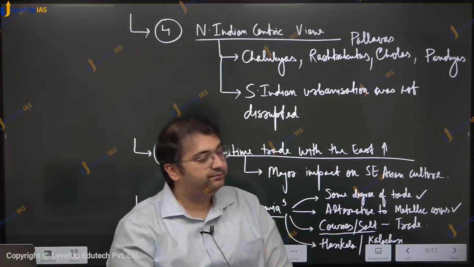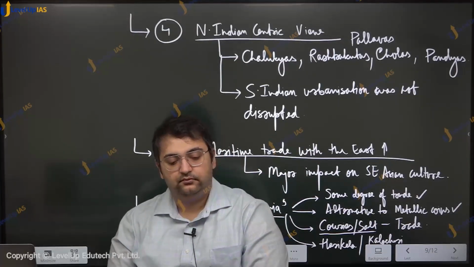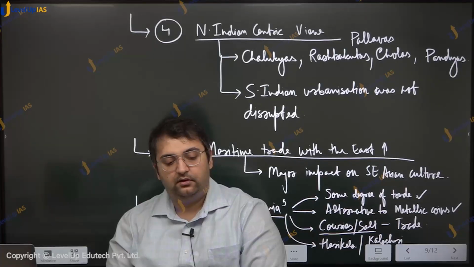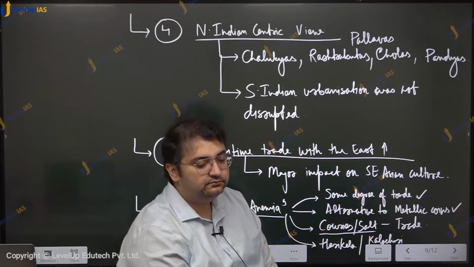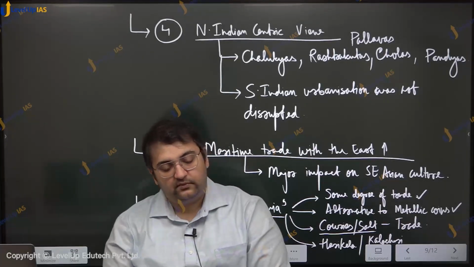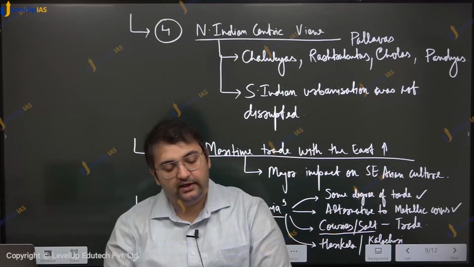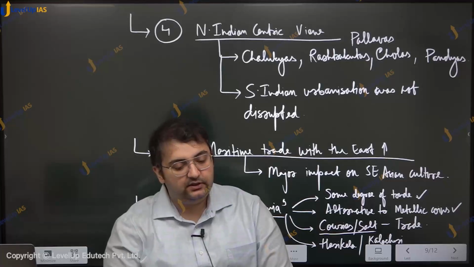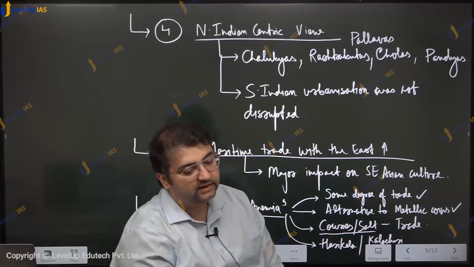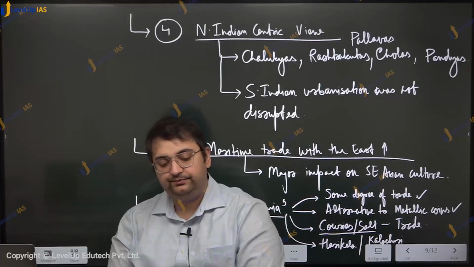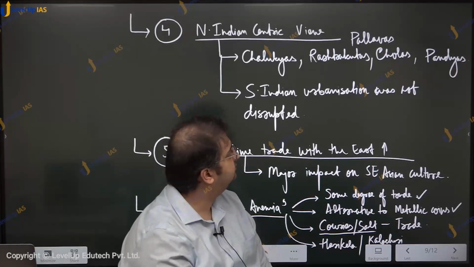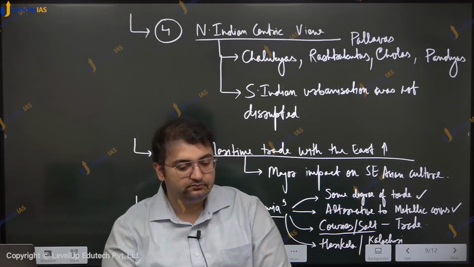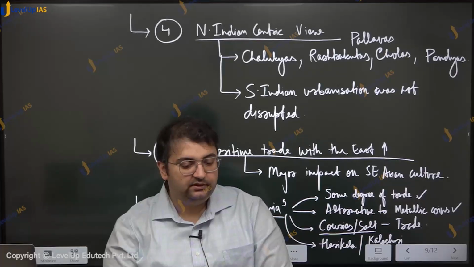Next, number 4. R.S. Sharma's views on urban decay also betray a distinct North Indian bias. Full stop. Subpoint.